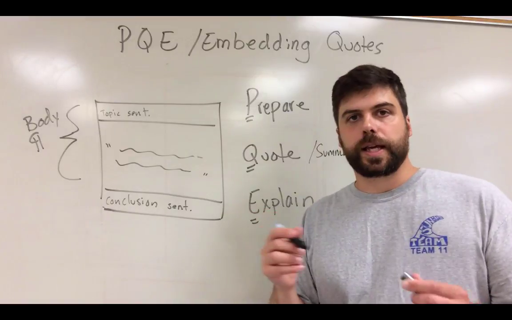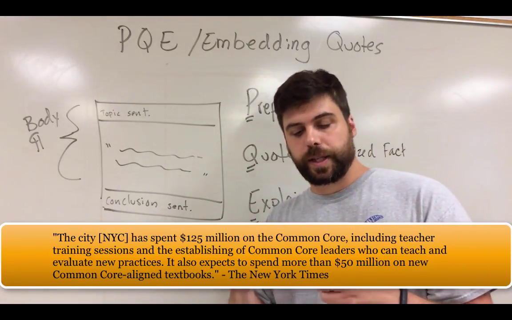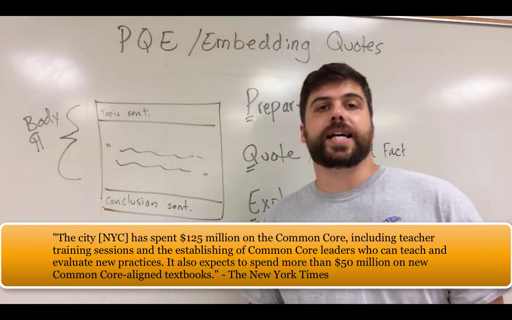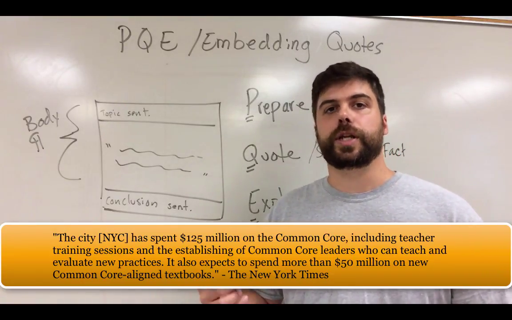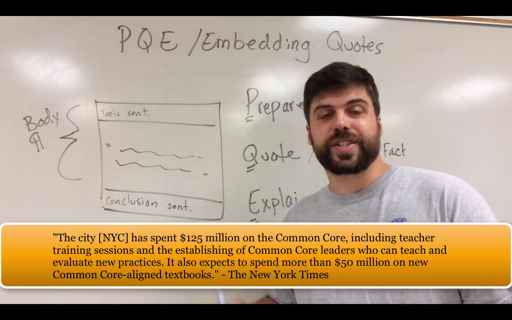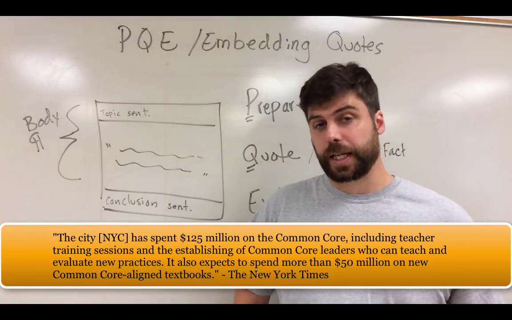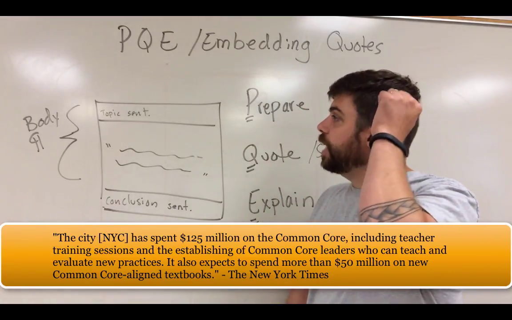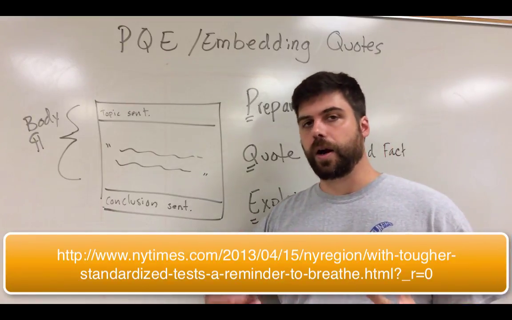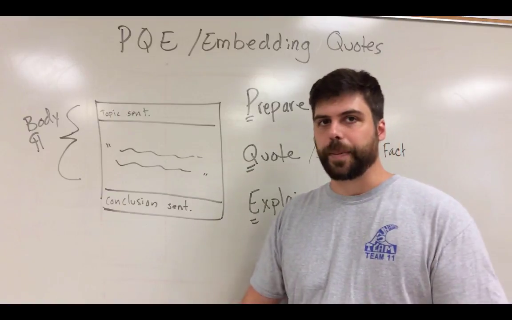So, say that our summarized fact is that New York City has spent $125 million on teaching teachers how to teach Common Core and expects to spend another $50 million on new textbooks. If that's our summarized fact, we need to first prepare our reader for that fact. So we need to let them know that it's coming.